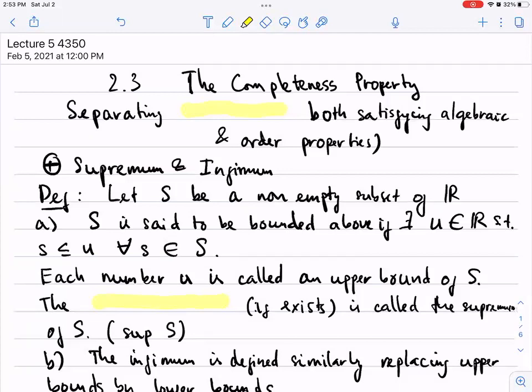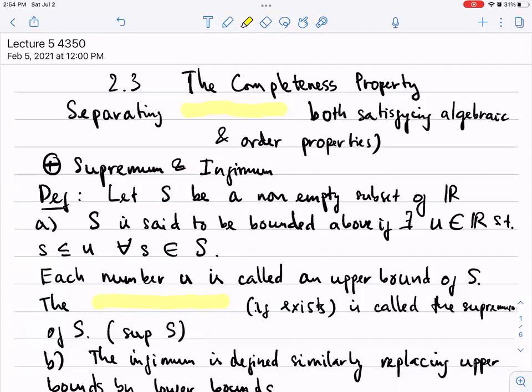Today we discuss the completeness property. This is a very important property for real numbers. Earlier, we saw that both the real numbers and rational numbers satisfy algebraic and order properties.